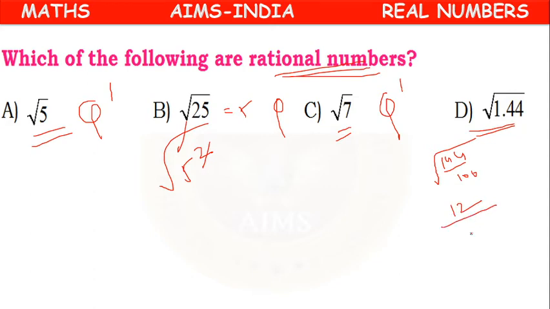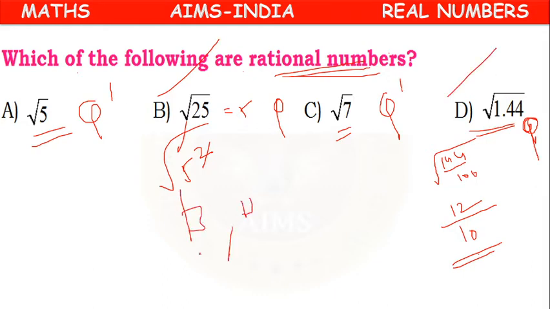Square root of 144 is 12, square root of 100 is 10. So 12 by 10 is a rational number. So root 25 is a rational number and root 1.44 is a rational number. So B comma D are the correct options.